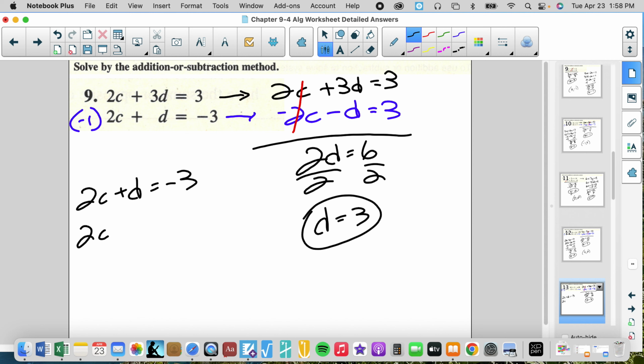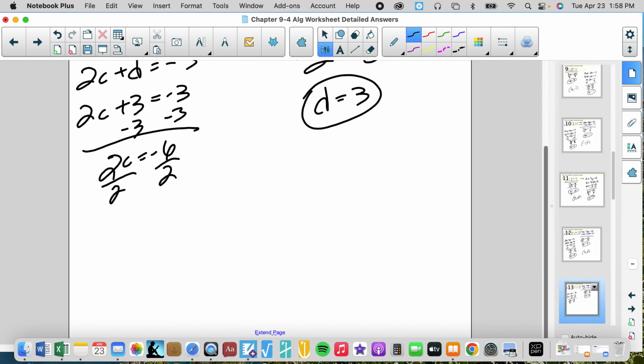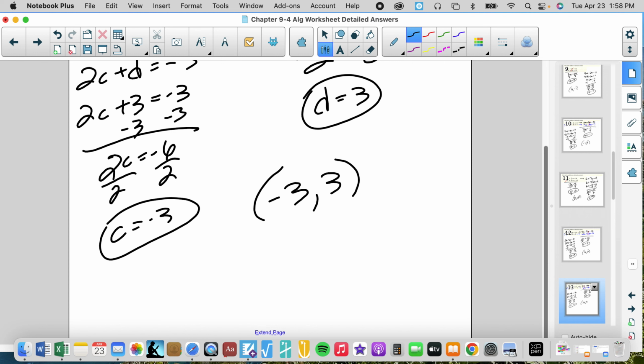We'll plug in d, which is +3, equals -3 minus 3. 2c equals -6. Divide by 2. Leaves us with c equals -3.